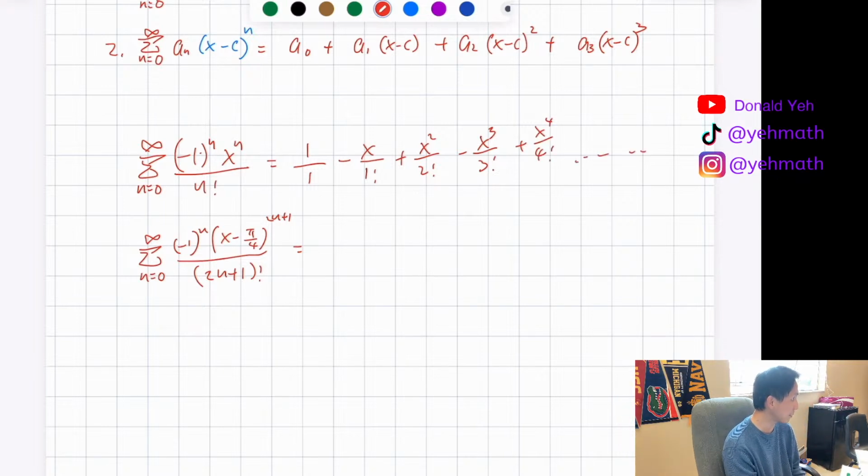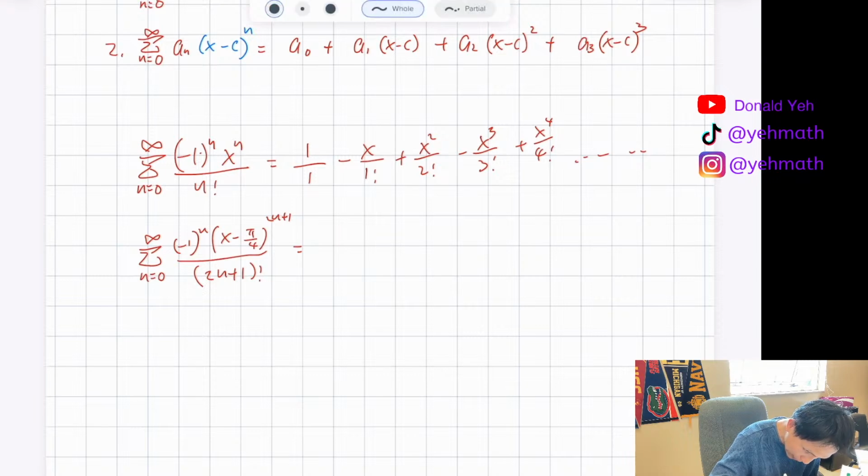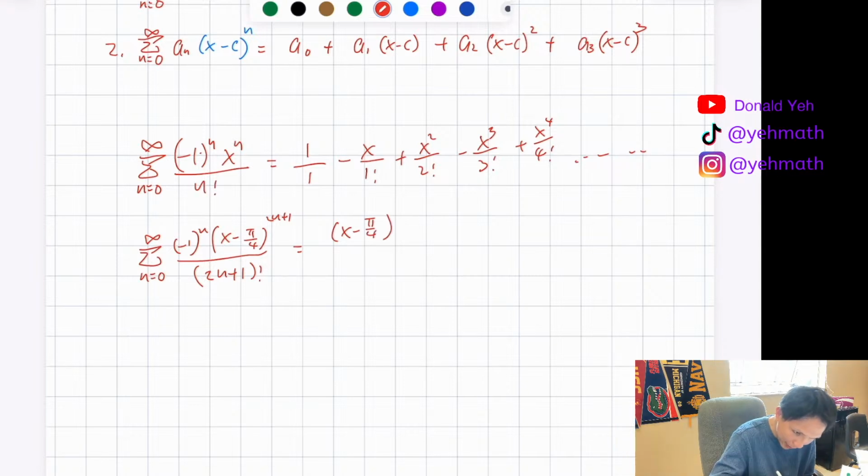So this is some type of power series. Now you can have another one. (-1) to the 0 power is 1, so it'll be x minus pi over 4 to the first power over 1 factorial.